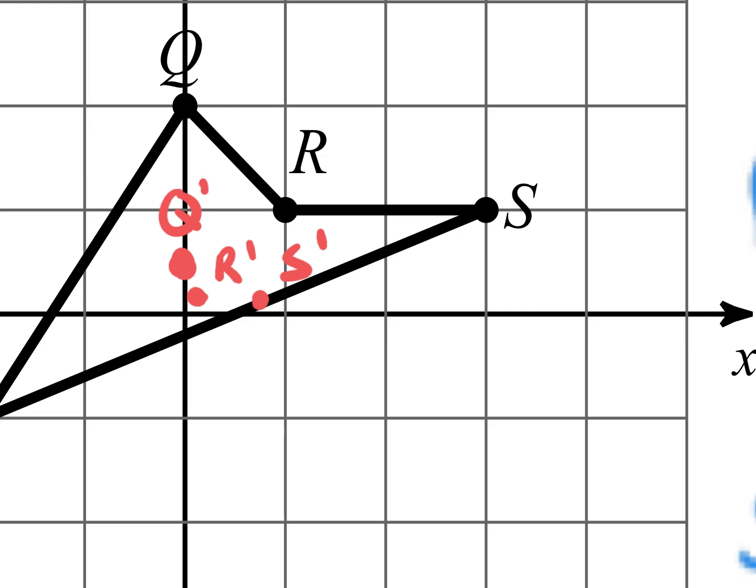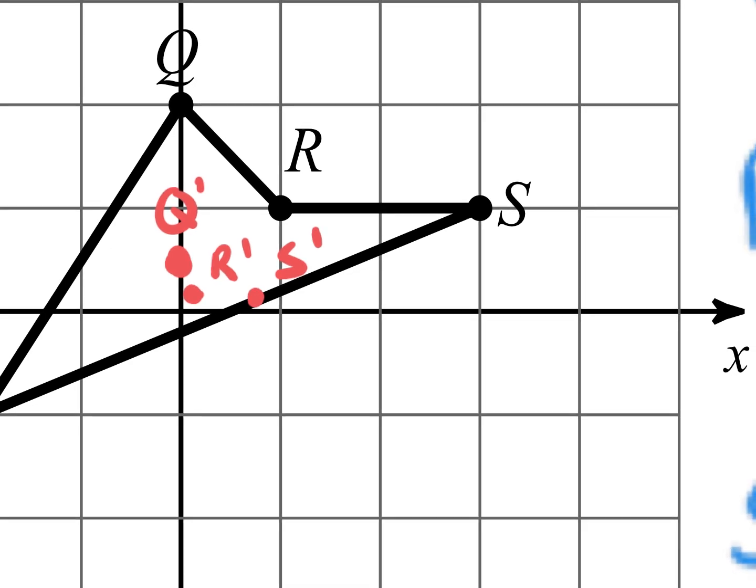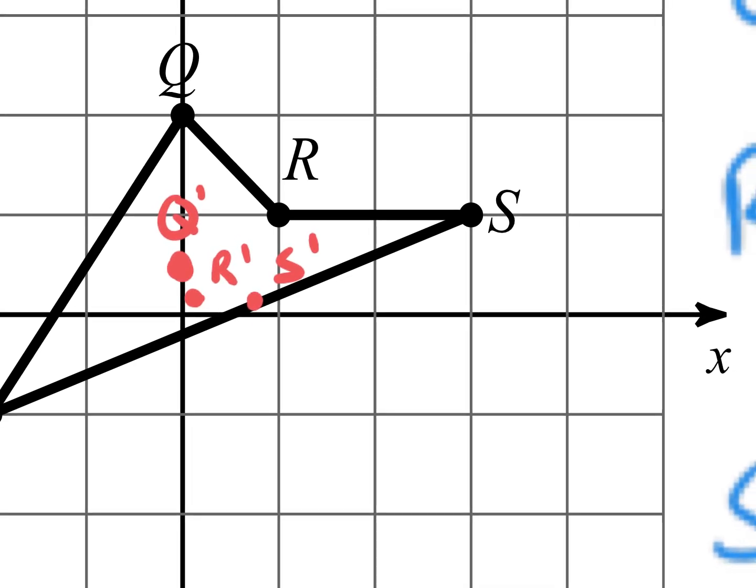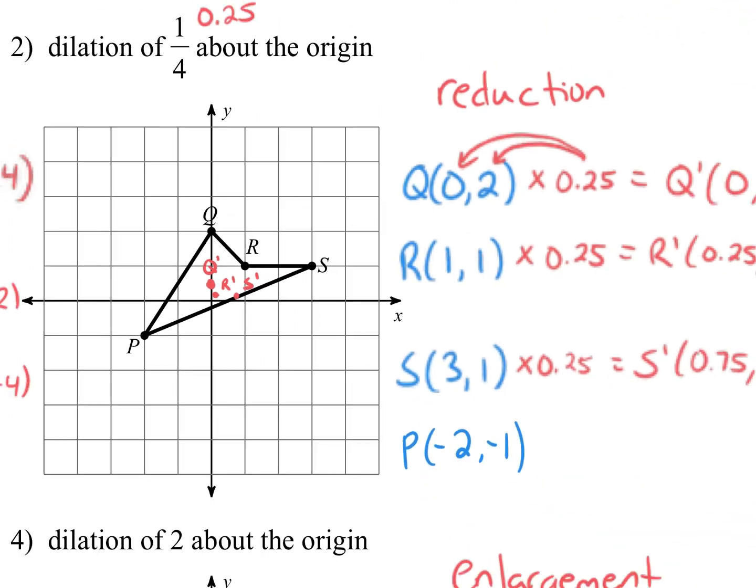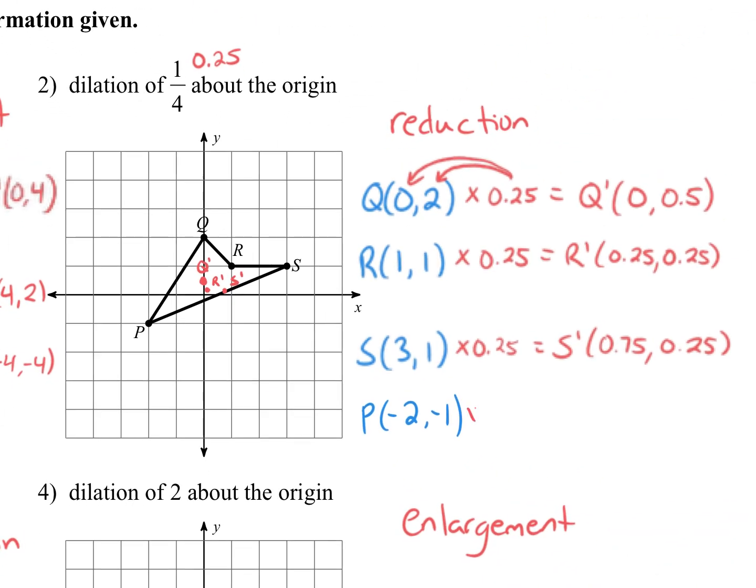Notice how it landed on the original image? That's fine, because where are we centered around? We're centered around the origin. Here, 0.25. So P prime is going to be -0.5 and -0.25.